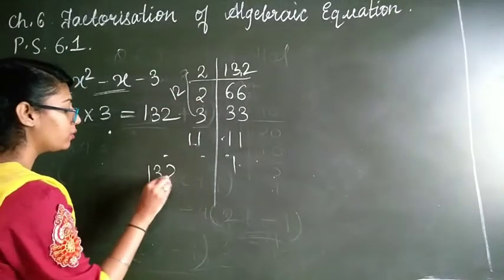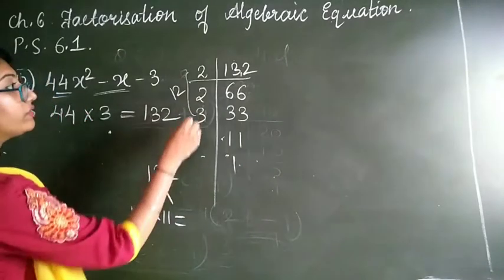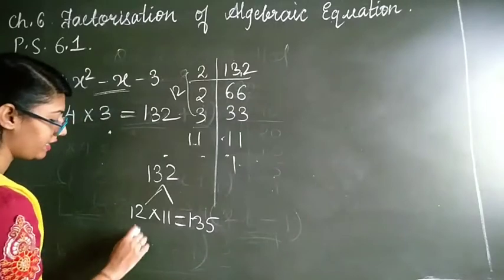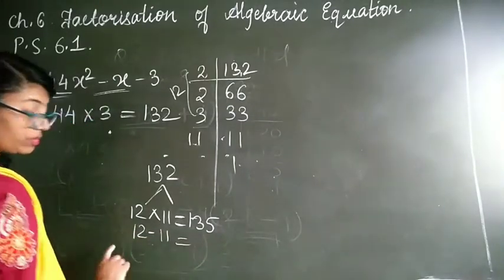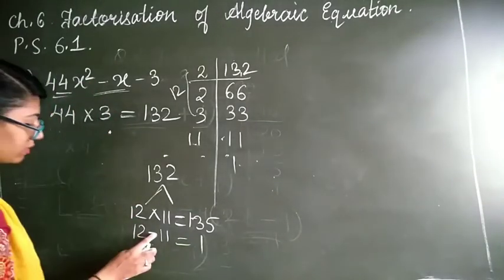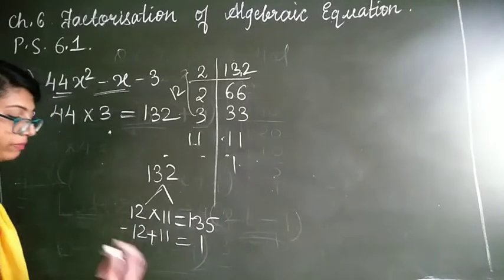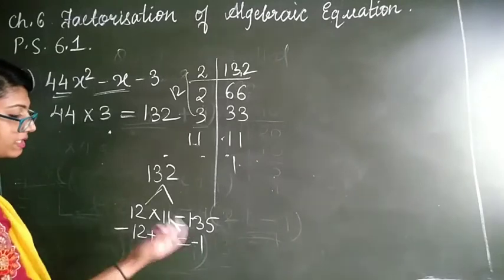So 132's factors are 12 into 11. 12 into 11 we will get 132, and 12 minus 11 will be 1. We want minus 1. So we will do minus plus. Minus plus will be minus, and the greater number's sign is minus. So we will give minus plus sign.